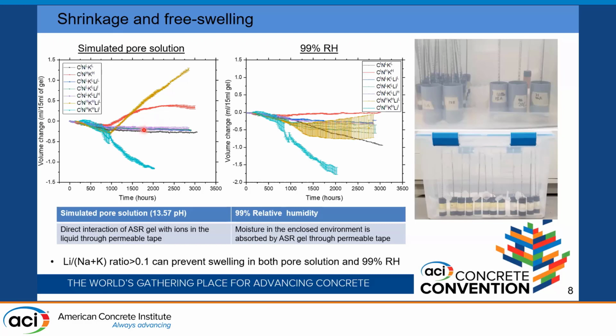Now, upon addition of lithium, we can see that the low dose or 0.1 molar ratio of lithium causes a significant increase in swelling as compared to the control group in the pore solution, which is quite surprising and is a new finding that we would like to explore. As the lithium to alkali ratio goes beyond 0.1, however, the swelling is decreased and there is continuous shrinkage. And in the 99% RH, the swelling is decreased for both 0.1 and the ratios beyond 0.1.